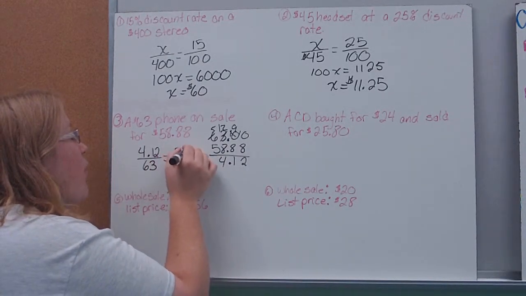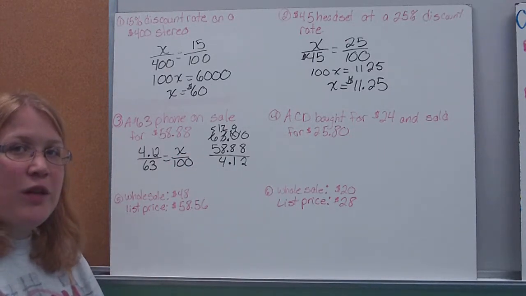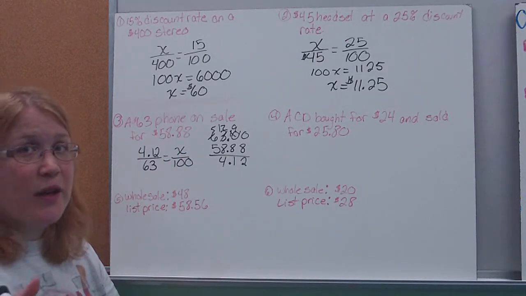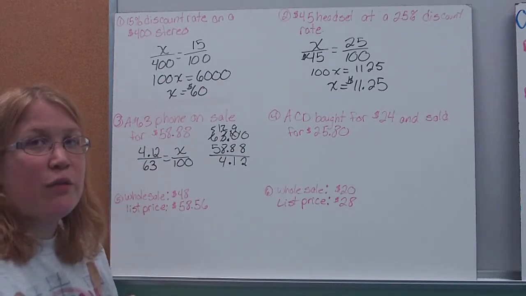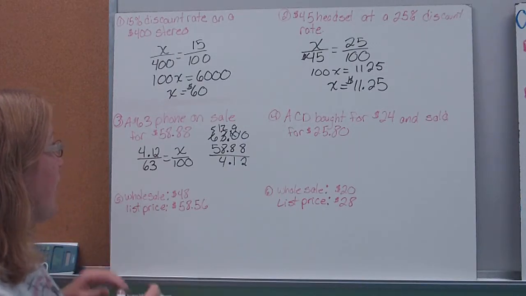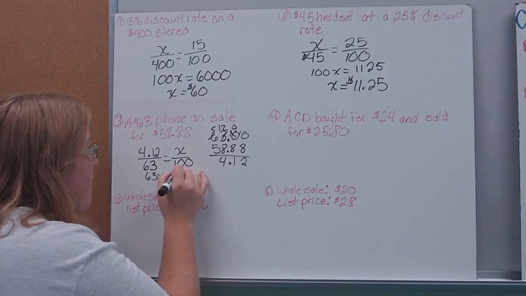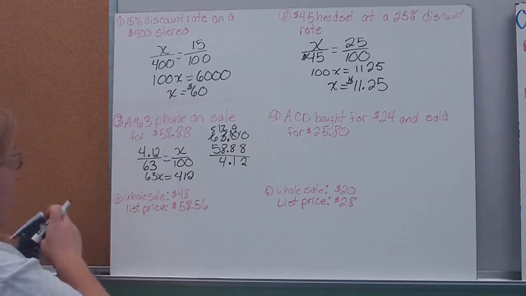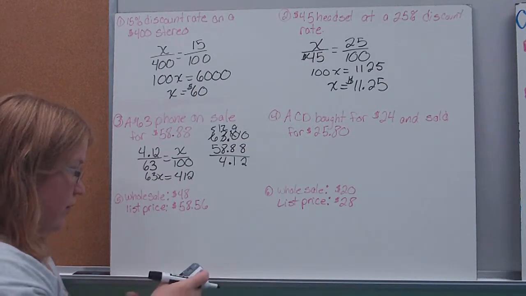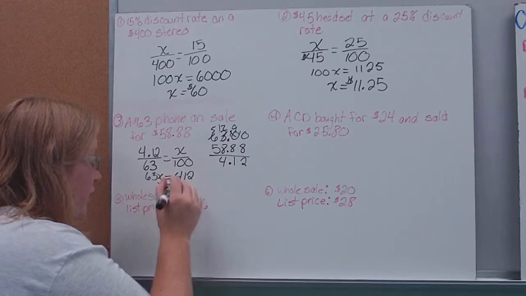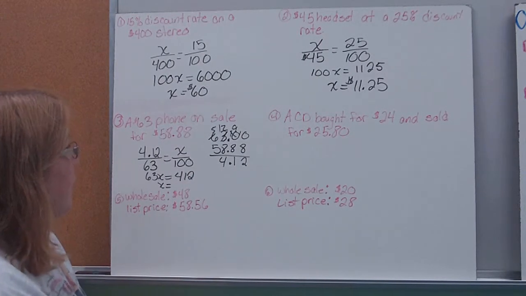So I want to figure out what that percentage is, okay? So we need to pay attention to what it is we're doing. And you'll notice here, again, it's very much like our percent decrease. We need the change in the numbers over the original number, okay? So again, we're going to cross multiply. And then when I solve, 412 divided by 63, I'm not going to wind up with a decimal that stops, since we're dealing with a percentage.